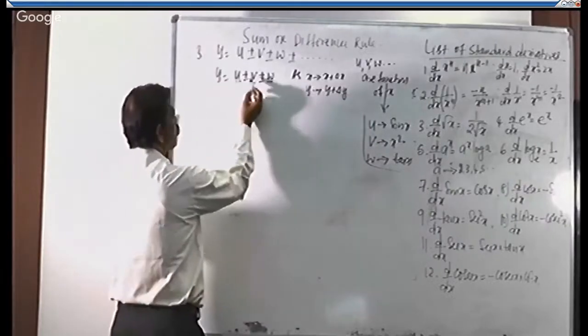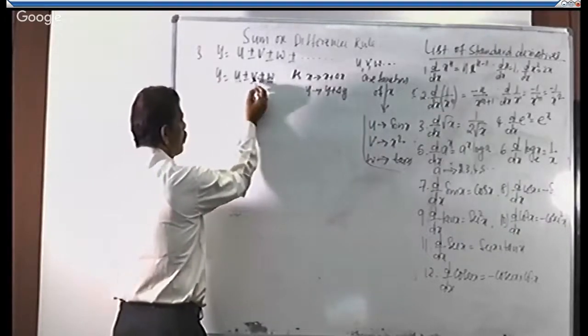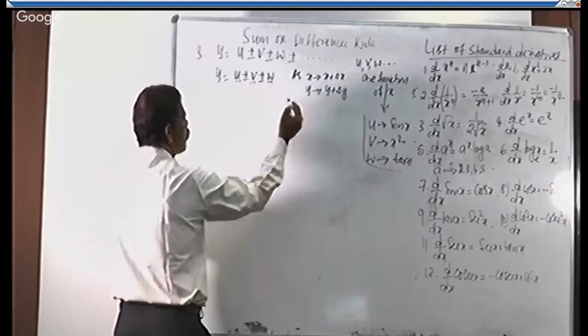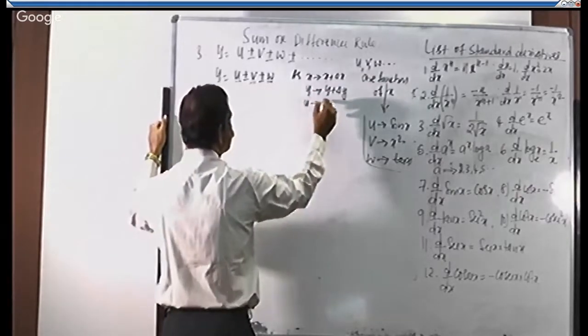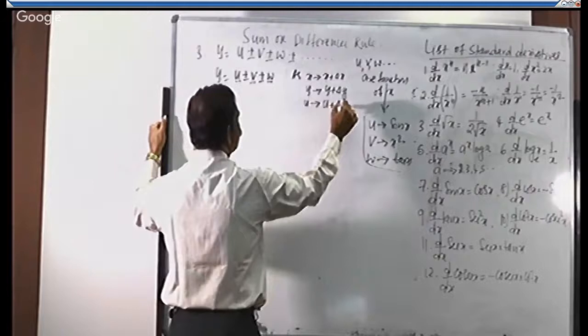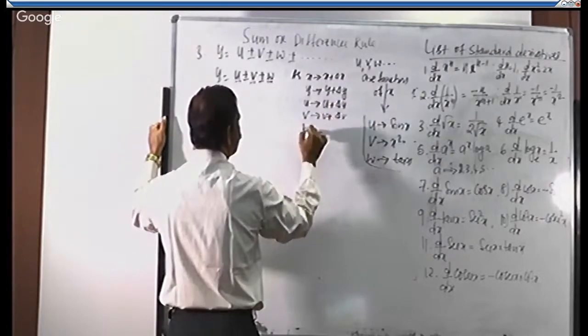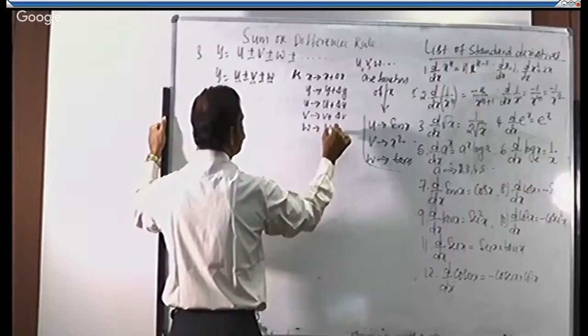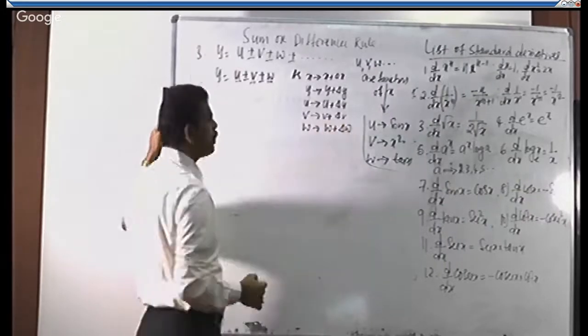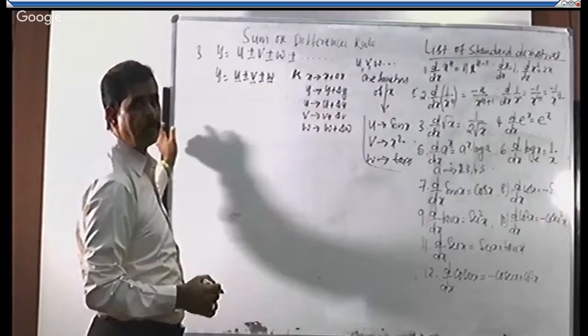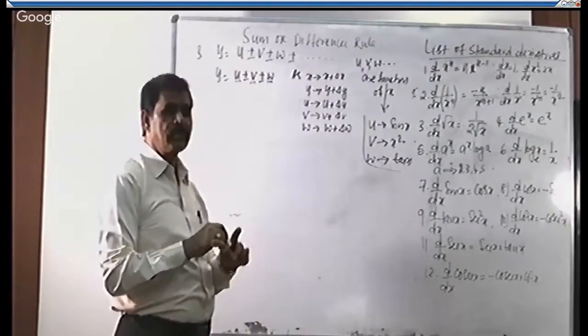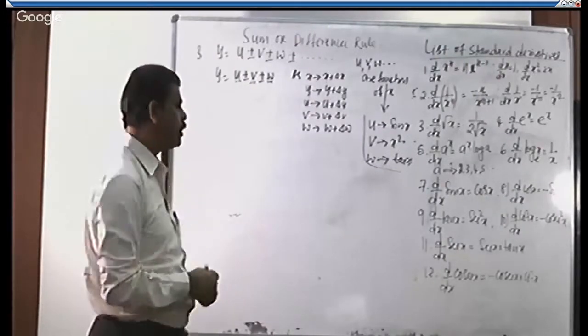We don't have x directly, but these are x terms. So u changes to u plus delta u, v changes to v plus delta v, w changes to w plus delta w. What are delta u, delta v, delta w? They are all the increments in u, v, w.